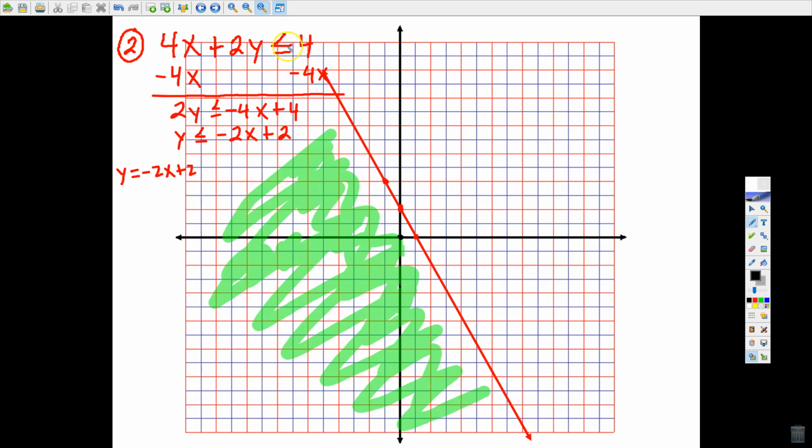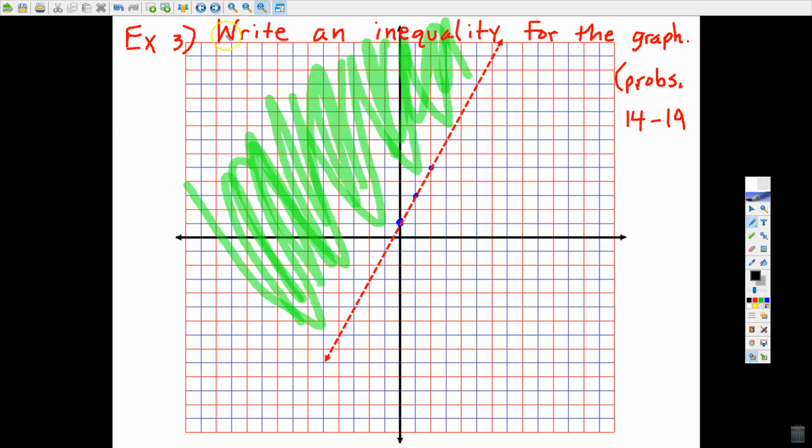I get some people that get a little confused there, and they say, well, it's not equal to, but remember, it's not less than and equal to, it's less than or. It doesn't have to be both, it just has to be one of these. And so it does satisfy, it does fall on the side that we've shaded green, and so I have a check, I have some assurance that I did the right thing.